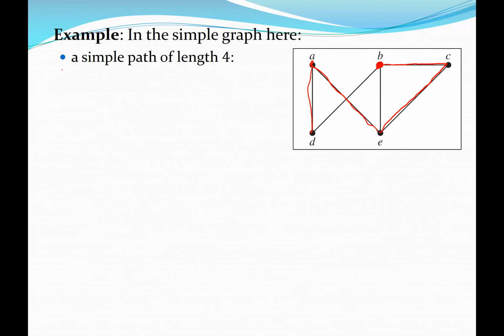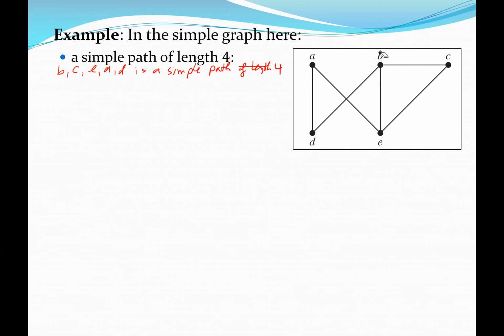So you can see here, we start with B, so B, C, E, A, and then D is a simple path of length 4. You don't have to pick vertex B. You can pick other vertices and also find a simple path of length 4.